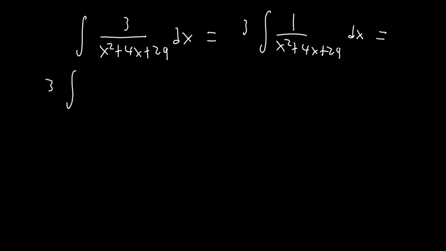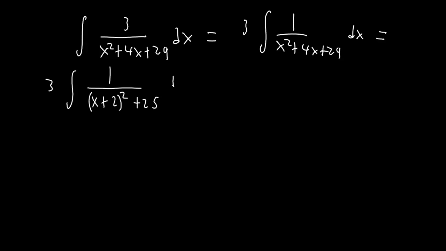When we complete the square here, we're going to get x plus 2 squared plus 25.